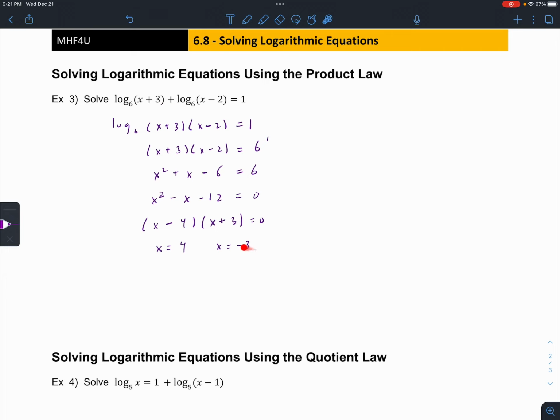However, if x is negative 3, this is going to be undefined. And also this is going to be undefined, because log to the base 6 of 0 is undefined. So we're going to have to exclude x is equal to negative 3 here. And so our solution is just x is equal to 4.